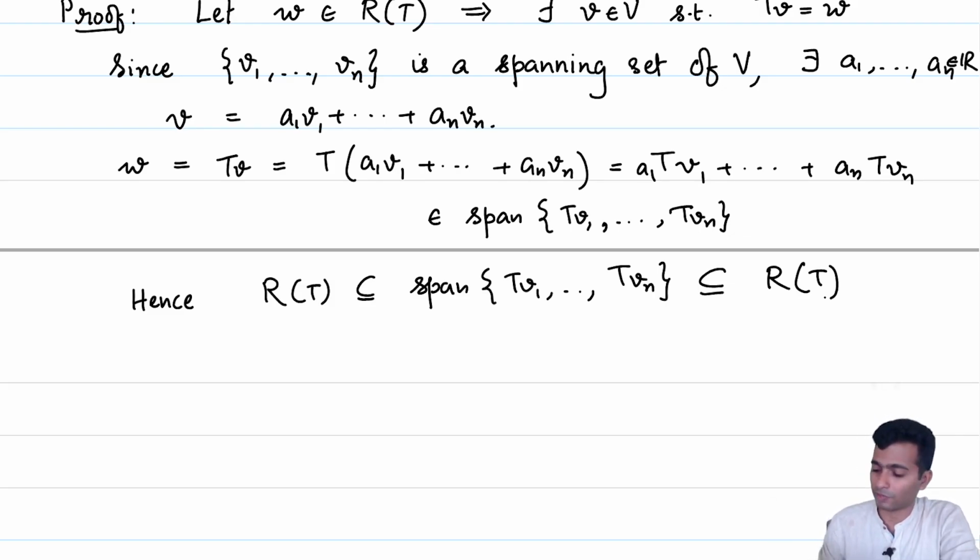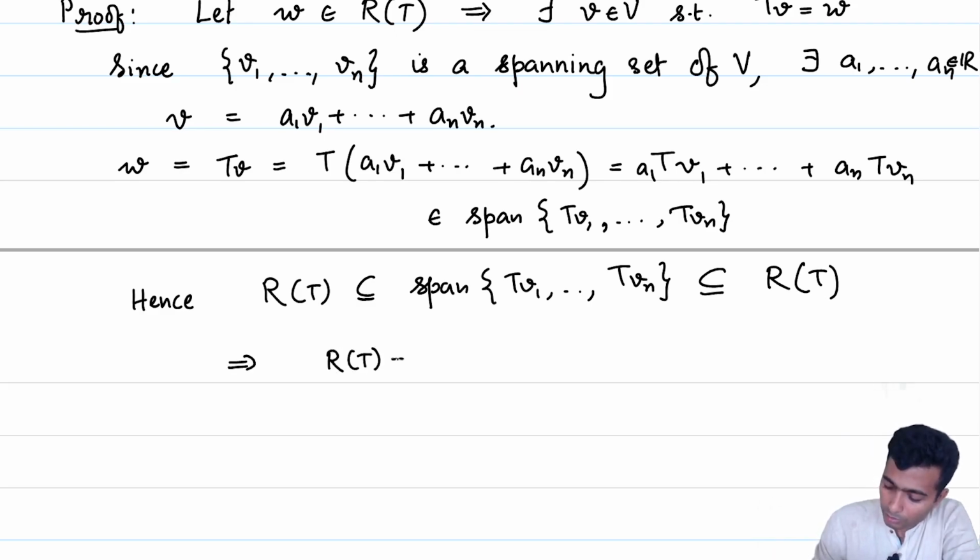R of T is a subspace, as we know, and because the span of TV1 to TVn is the smallest subspace which contains these vectors, this is contained in the subspace R of T. And this implies that R of T is equal to the span of TV1 to TVn, as was to be established.